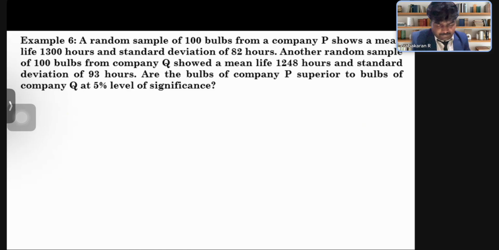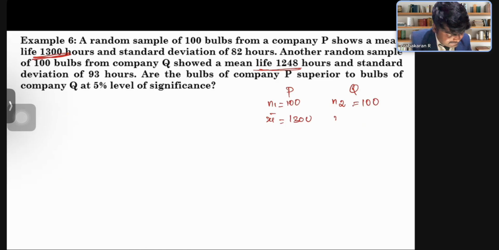And another random sample of 100 bulbs from a company Q. There are two companies P and Q. They have given 100 bulbs for each, both the same. P showed mean x1 bar is 1300 and Q showed the mean life, that is average, x2 bar is 1248, and the standard deviation of the first sample is 82, second sample is 93.